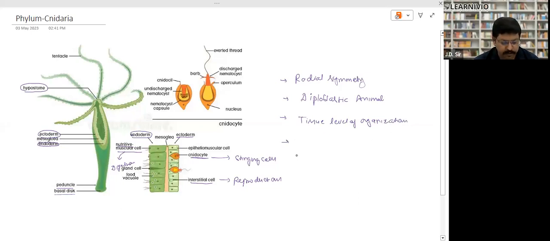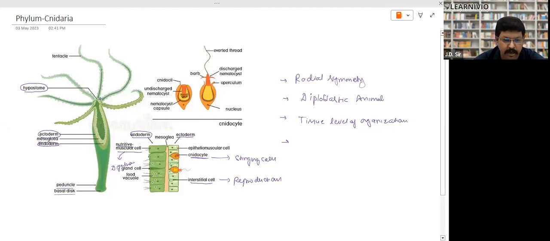Right. Then third, cnidoblast cells, I have told you, stinging cells. This is the digestive tract.